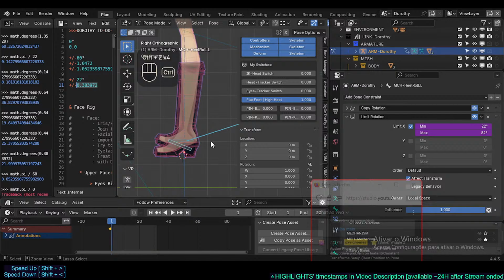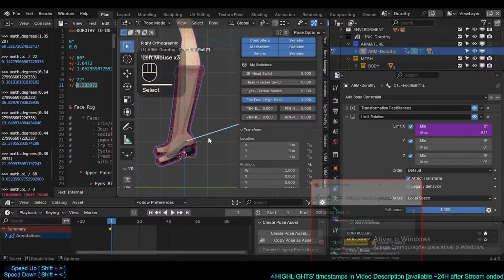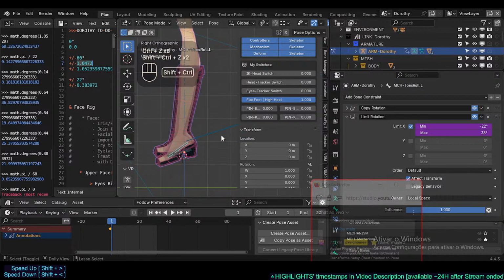Oh, I probably messed up again. Wrong bone. Yeah, I got the wrong bone. When did I destroy this thing again? Ah, well. Destroyed the driver.